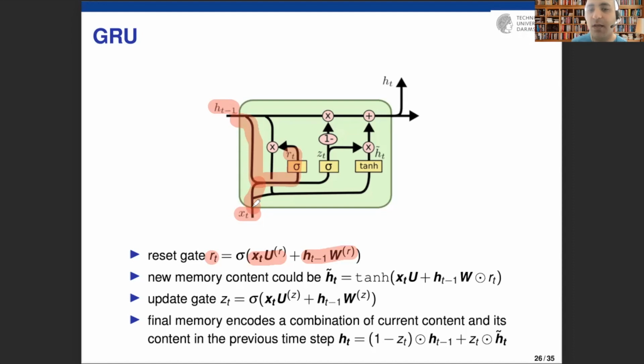Then you give them to a sigmoid function, and sigmoid transforms the values of the output to values between 0 and 1, right? So that's why it's named a reset gate. Based on the value of the hidden state in the previous step and the value of the input token, the reset gate learns if we should keep or remove the content of the memory.